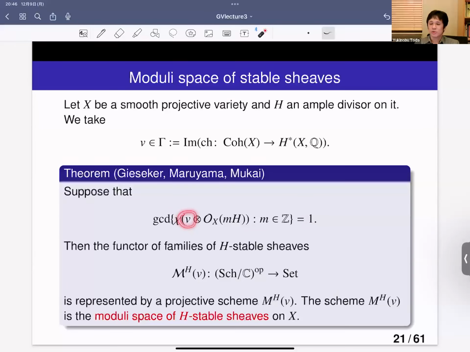And this corresponds to some sort of primitivity of this vector. Then the functor of families of H-stable sheaves is represented by a projective scheme. But contrary to the case of curves, in general this might be highly singular.